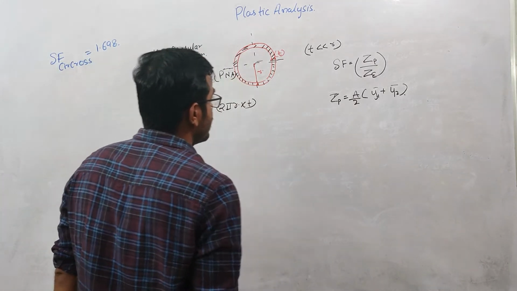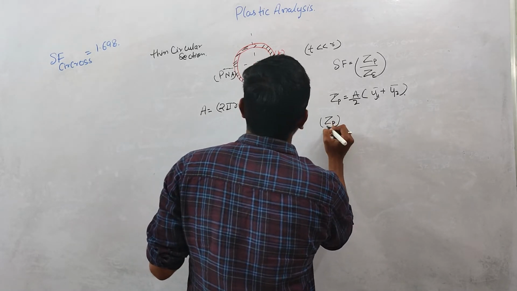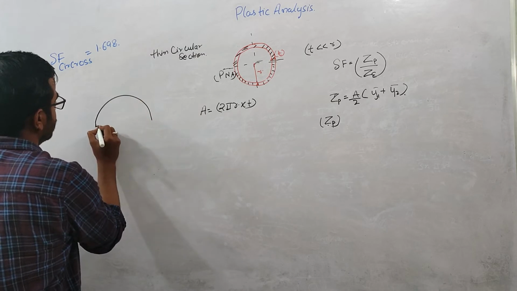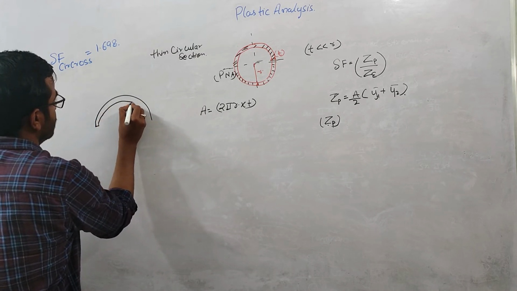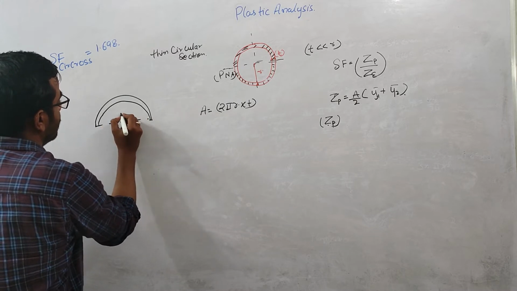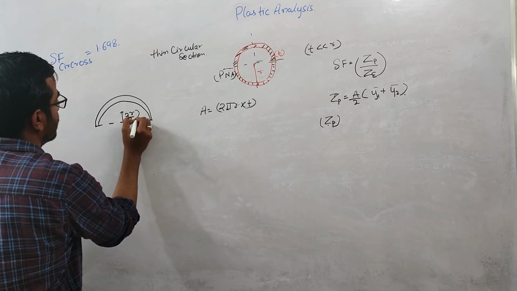So now this thing is done, so I will put this value. And what is the value of this Y1 bar? If you have this thin semicircular section, this is not a full circle basically, so its centroid will lie at a distance of 2r over pi.